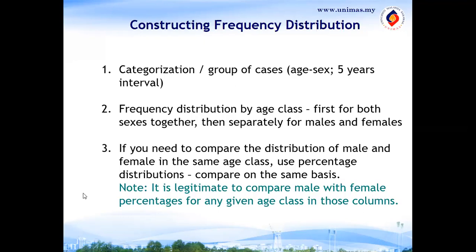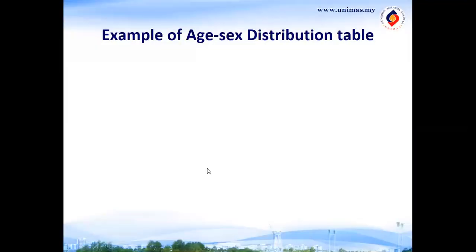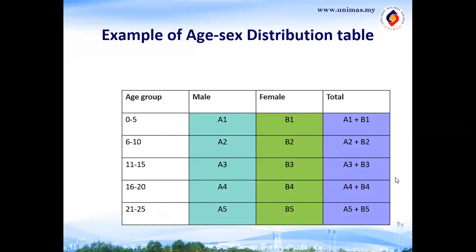Jadi kita boleh buat perbandingan dalam peringkat umur, setiap kategori umur, how many are female, how many are male, ya. Jadi kita boleh compare. Okay. Now this is just an example of how you can do it.